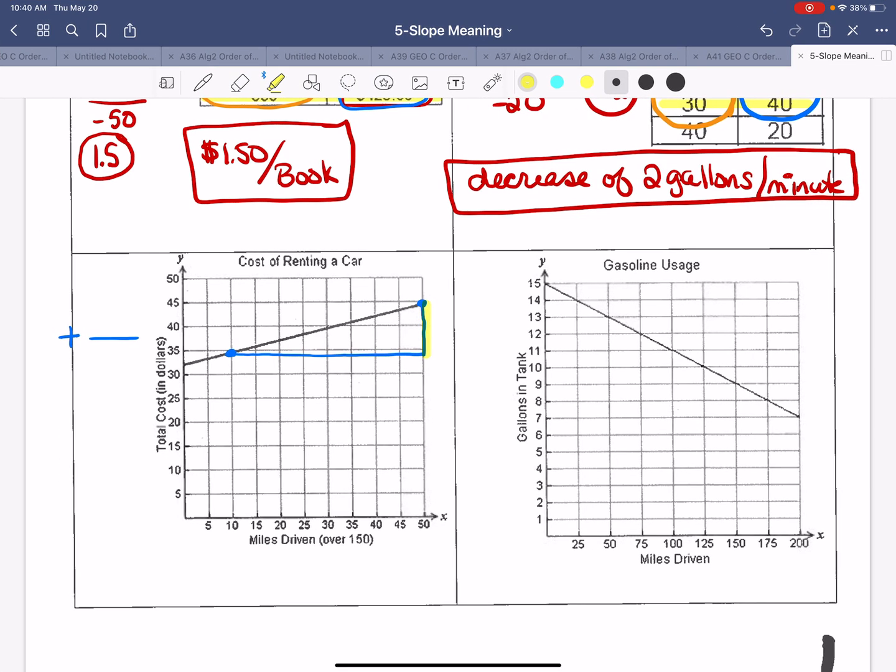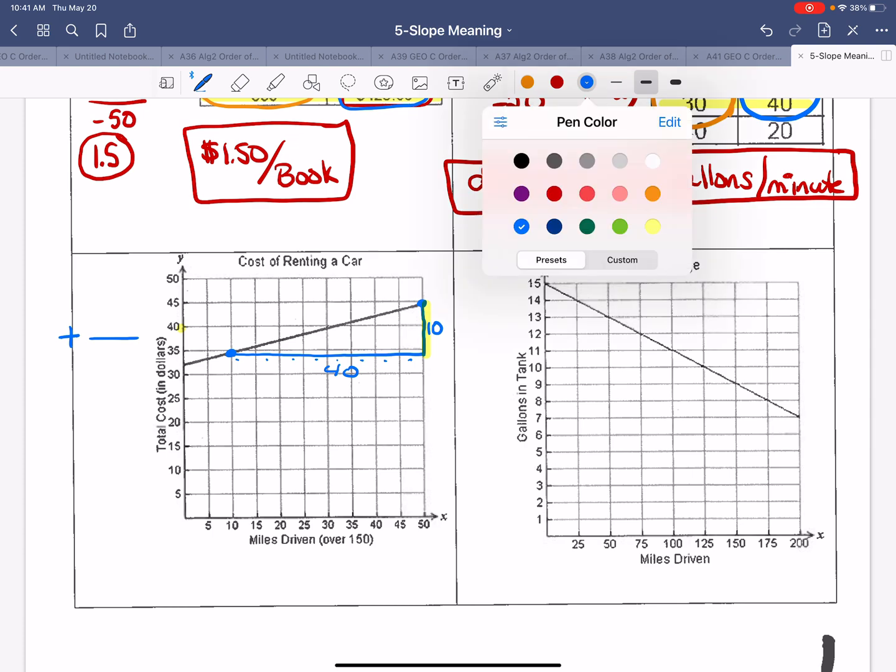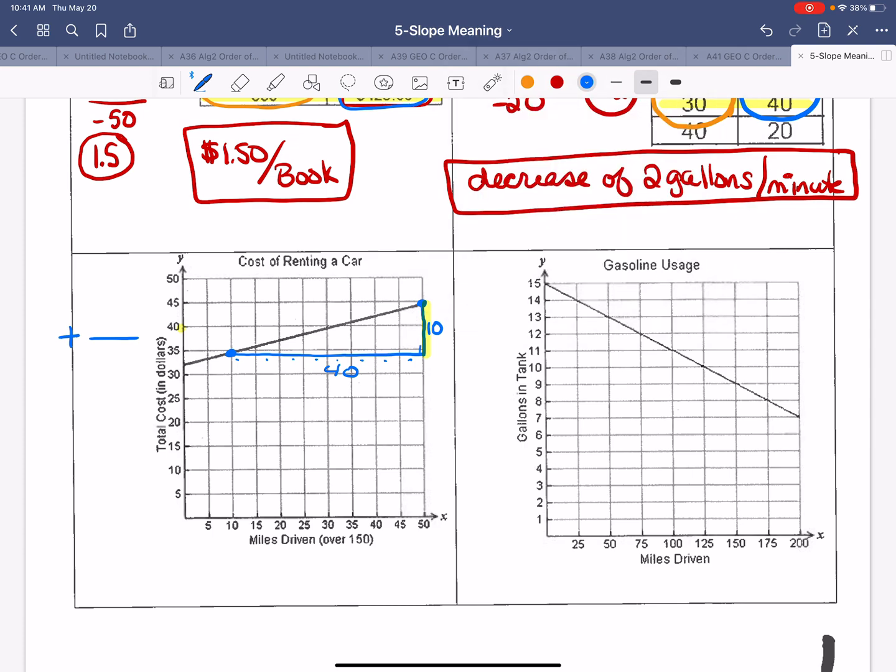These are going up by 5 units. So this right here should be about 5, 10. That's about 10. And then this, let's look at our scale on the x-axis. Oh, each box there's going up by 5. So we've got 5, 10, 15, 20, 25, 30, 35, 40. That looks to me like it's about 40. So rise over run would be 10 over 40.